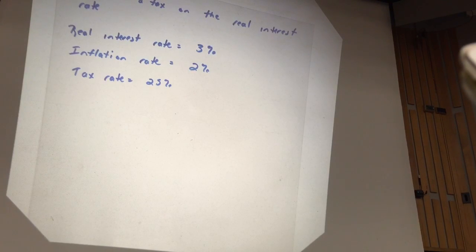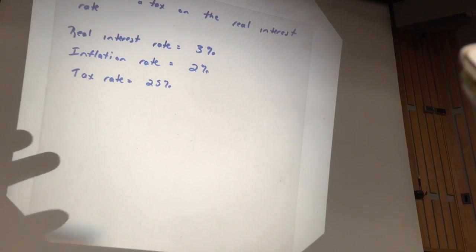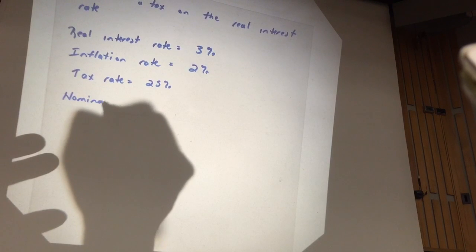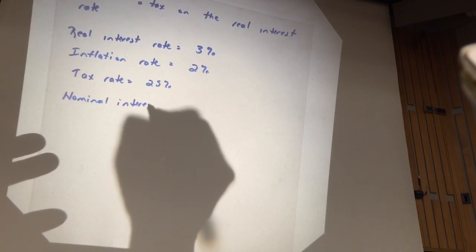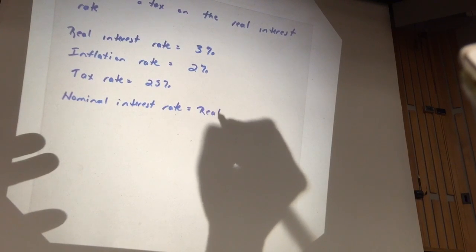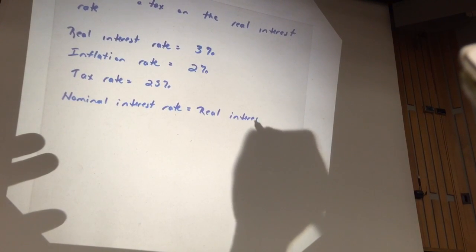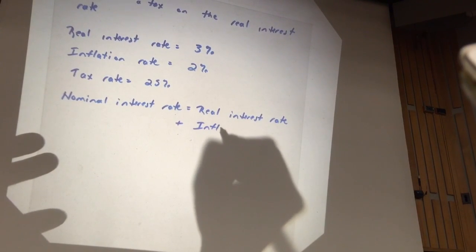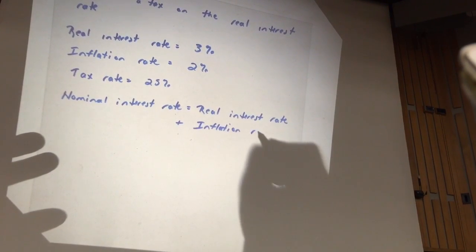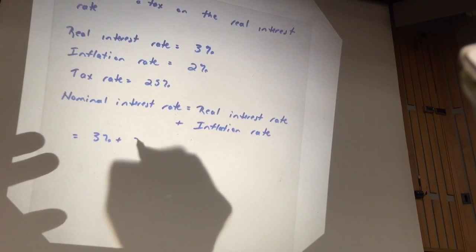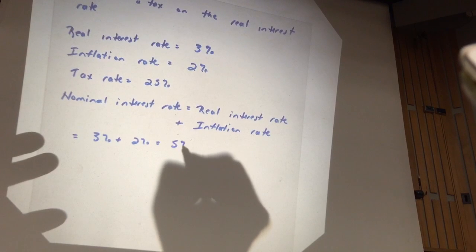So first of all, how much tax do I have to pay? Well, I have to find the nominal interest rate first of all. So the nominal interest rate is equal to the real interest rate plus the inflation rate. So that's going to be equal to 3% plus 2%, which is 5%.